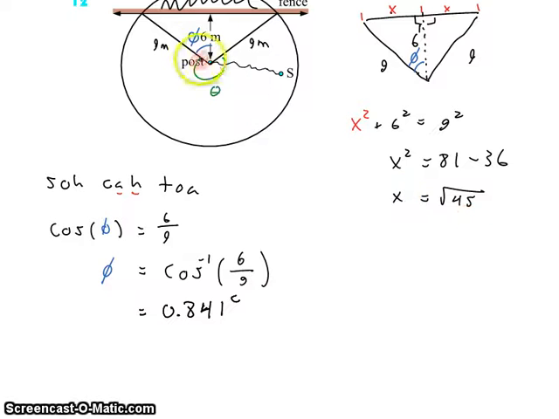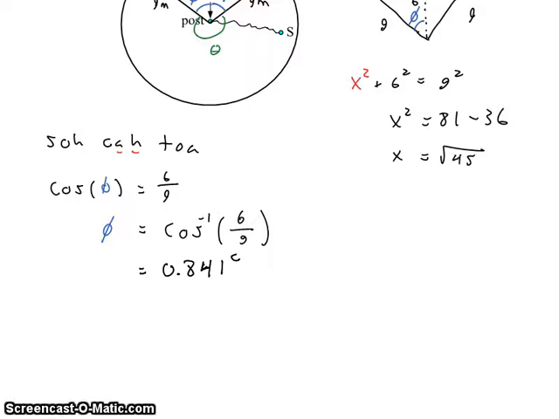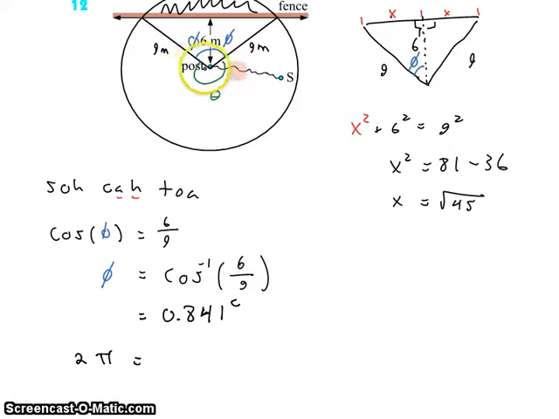I want to use phi to get theta now. And that's not too bad, because that angle's phi, but so's that angle. And so I can say that the whole circle, 2 pi, is made up of theta and phi and phi. So the whole circle 2 pi is theta plus 2 lots of phi.